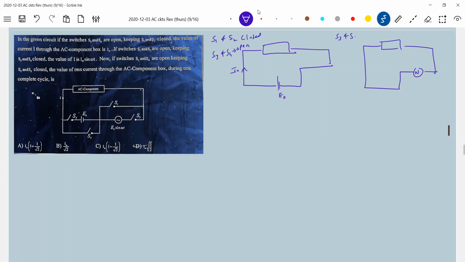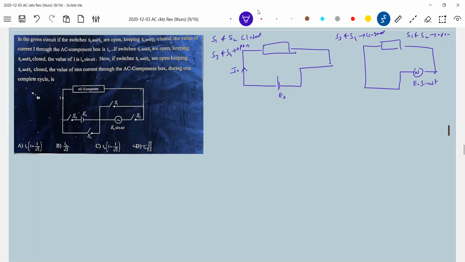S3 and S4 are closed, so then an AC source will come. S3 and S2 are closed. S1 and S4 are open. One AC source, one DC source.